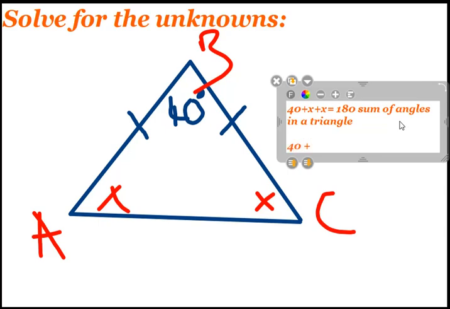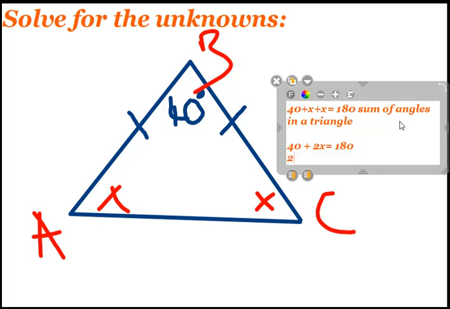And we can see that x and x are like terms, so x plus x is equal to 2x, which is equal to 180 minus 40, which is 140 degrees. And if we divide 140 degrees by 2, we get that x is equal to 70 degrees.